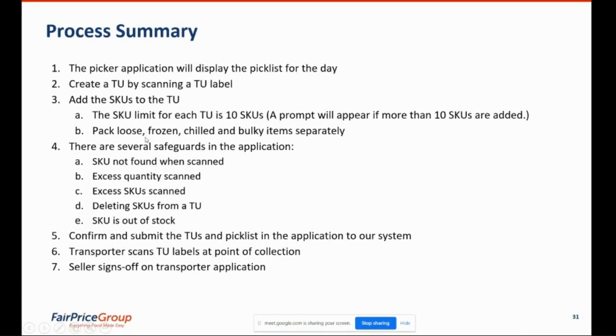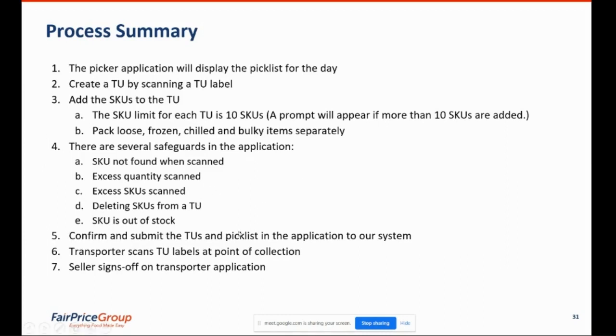Do remember to pack your SKUs by different storage types separately. And do note that, of course, there are several safeguards in the application, such as prompts when there are excess quantities of SKUs scanned, or SKUs are not found, or deletion of SKUs, and so on. And fifth, once you're done, do confirm and submit the SKUs and the pick list in the application to our system.